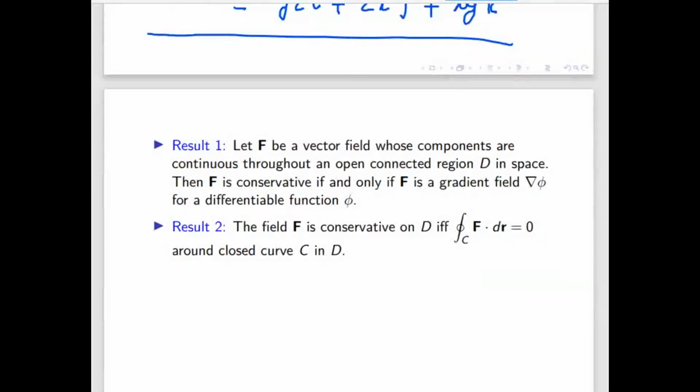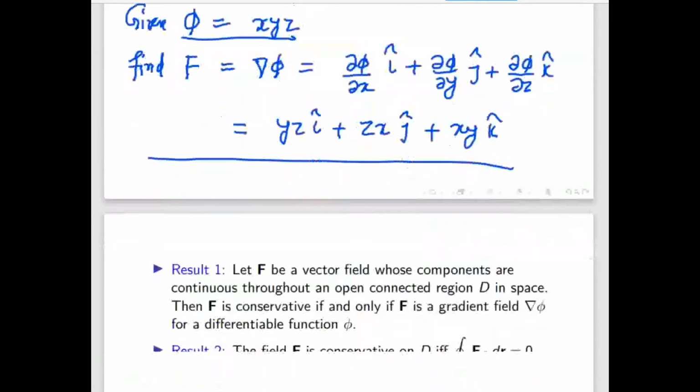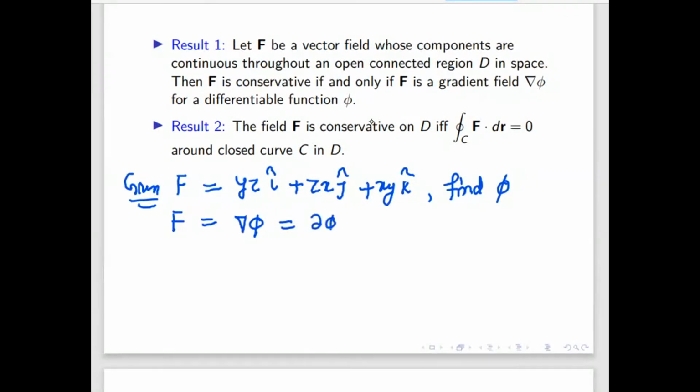So I am calculating here. F is given: yz i cap plus zx j cap plus xy k cap. This f is given. Find phi. The reverse question. And we know f equals this one, that means this i cap, this j cap, this k cap. This is equal to f.